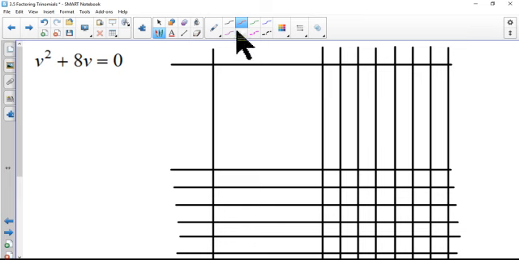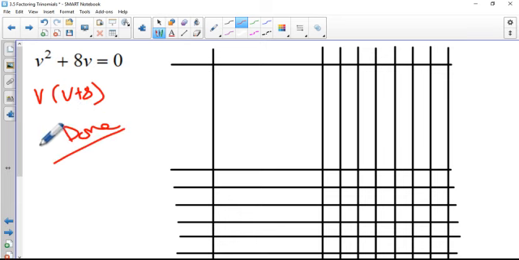Because we have our v squared, but we have 0 tiles on the last one. So here we have what's common to both of these. Well, v is. So we're going to have v and v plus 8. And you're done. So the algebra tile method doesn't quite work out the same in this case because you can't necessarily draw 0 tiles, but you can.